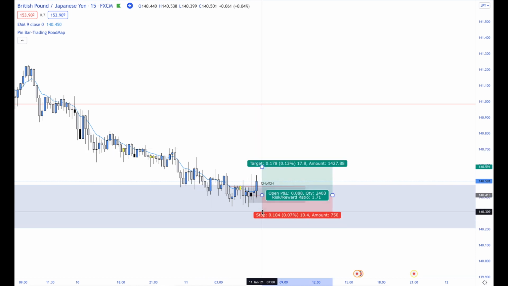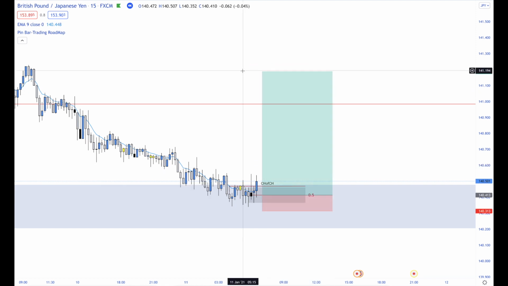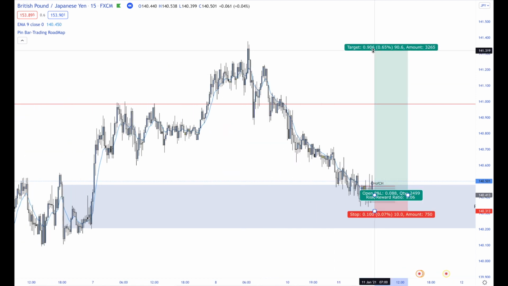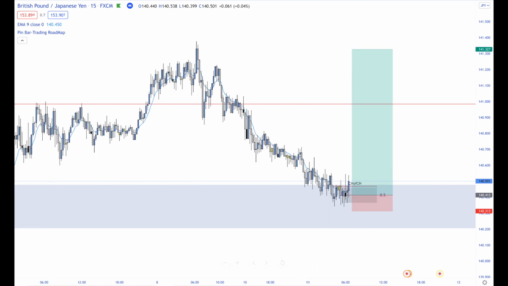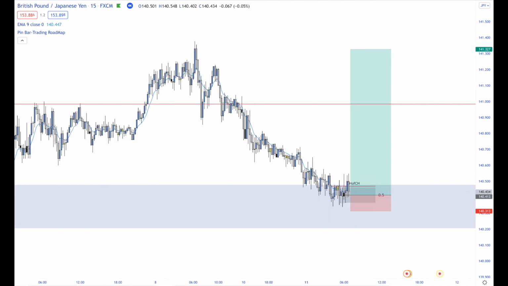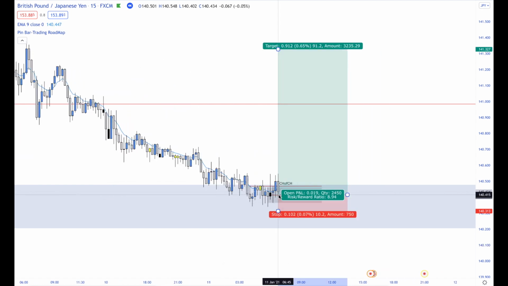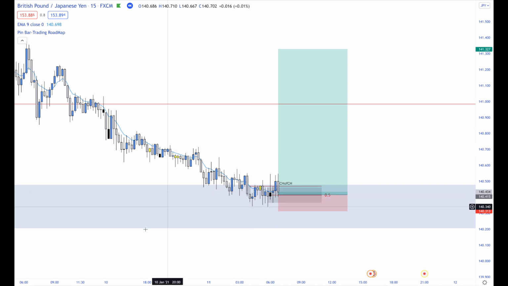I'm going to go with a 10 pip stop loss, and I'm going to target a 1 to 10 risk reward ratio. I'm going to target this high over here at a 1 to 9. So as you guys can see, we just got triggered into the markets. We just got triggered in.